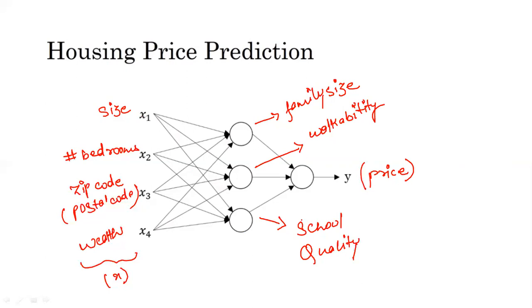Now, some of you may think that it is very complicated to draw these intermediate nodes, and wonder how we can match up the input features with the intermediate nodes. You don't need to take care of that. The neural network will take care of that.